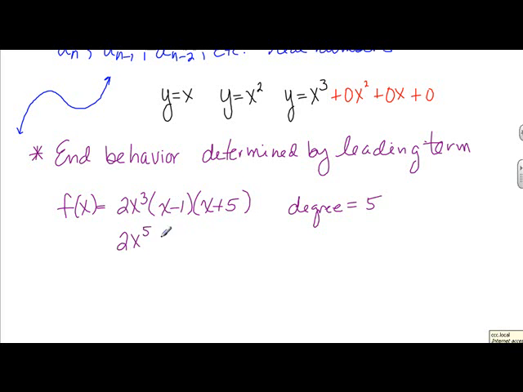So looking at 2x to the 5th power, we know that the right end behavior, the limit as x approaches infinity, is positive infinity, and the left end behavior as x approaches negative infinity is negative infinity.